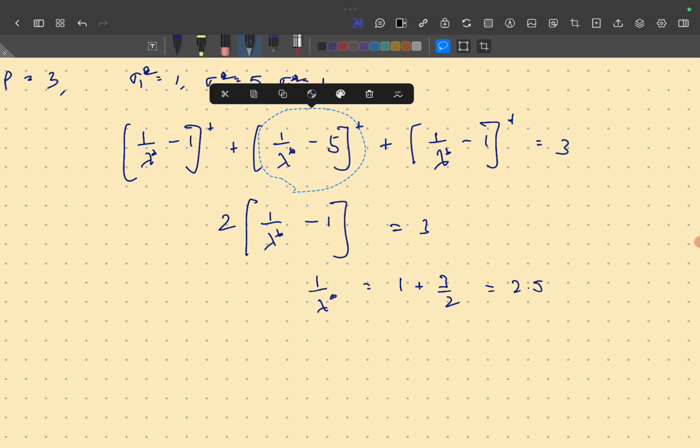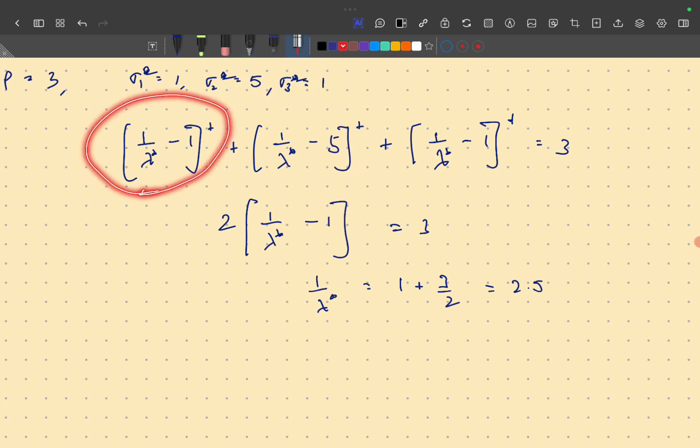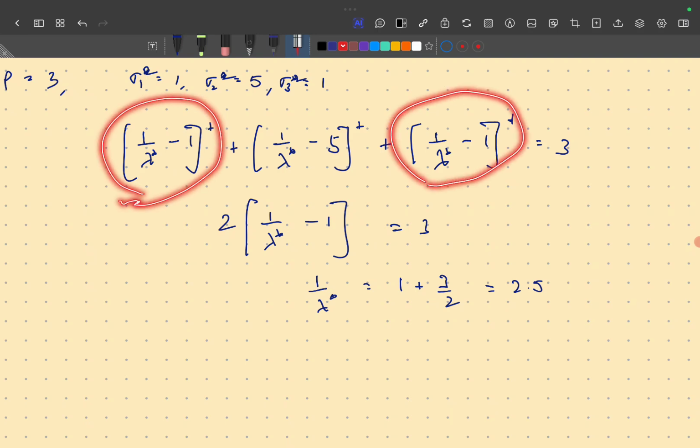If 1 by lambda star is greater than 5, then what is 1 by lambda star minus 1 plus 1 by lambda star minus 1? So 1 by lambda star minus 1 would be at least 4. This contributes 4. This also contributes 4, which is much more than 3.